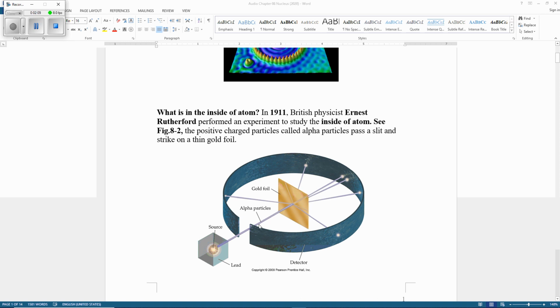And he used a detector all around a circle, and checked which direction you can measure the alpha particles.